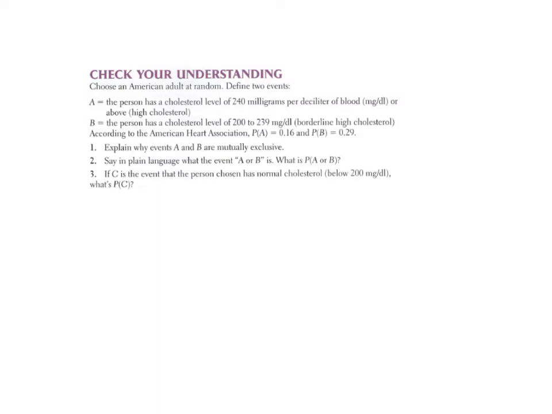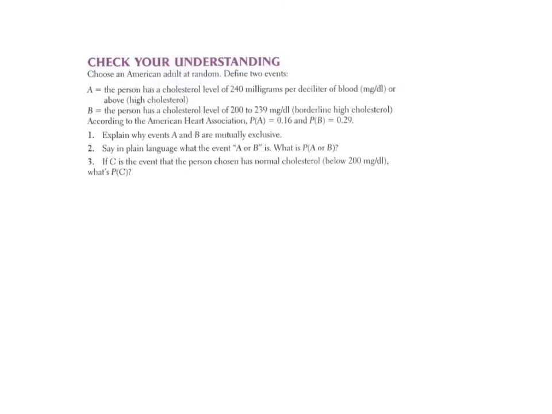So basically you're looking for the probability that the person either has a cholesterol level of 240 or above, or they have a cholesterol level of 200 to 239. Because these two events are mutually exclusive, we can add the probability of these two events together to find our total probability.